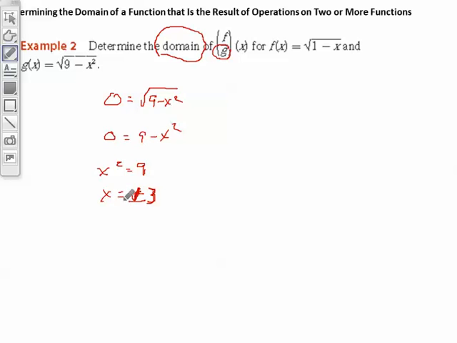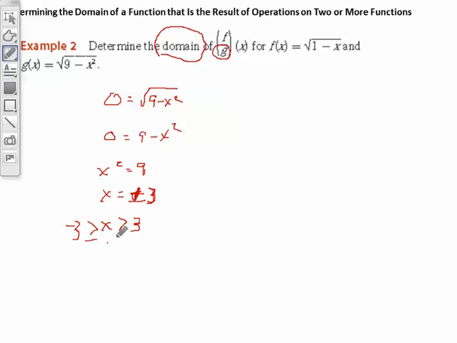Now another thing I need to look for is I can't have anything negative under the square root sign, can I? So I can't actually have it be anything greater than that or less than that. So x cannot be greater than positive 3, and it cannot be less than negative 3.